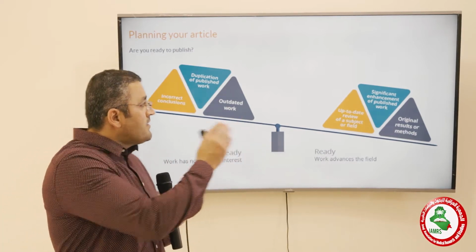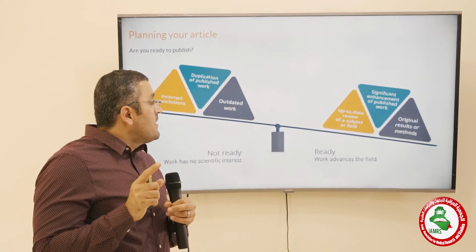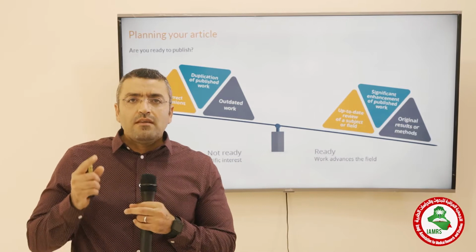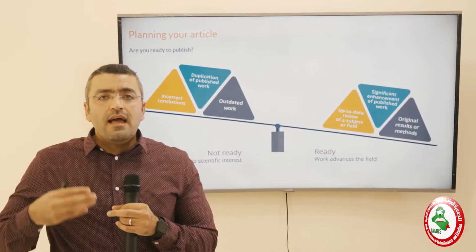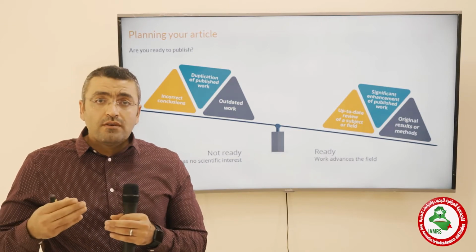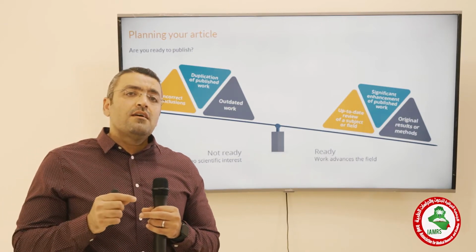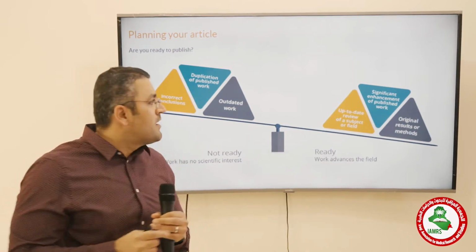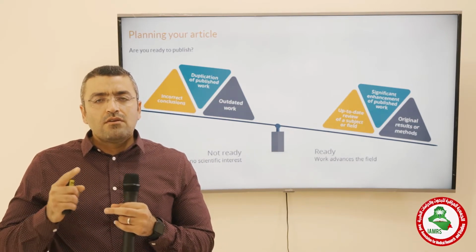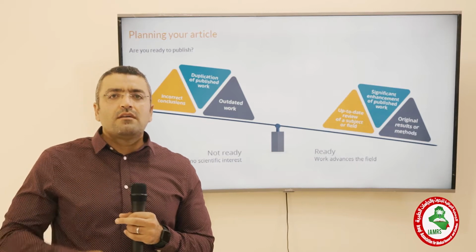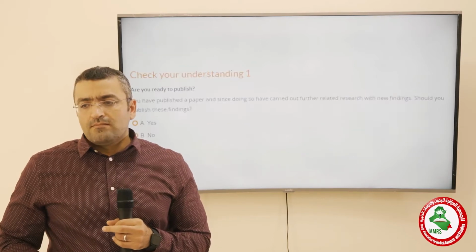On the other hand, when you are up to date, writing something new, or you are presenting significant enhancement of a previous work, you are enhancing the results of previous publishers, or when you are presenting totally original results or conclusions or methods, then you are ready for publication.